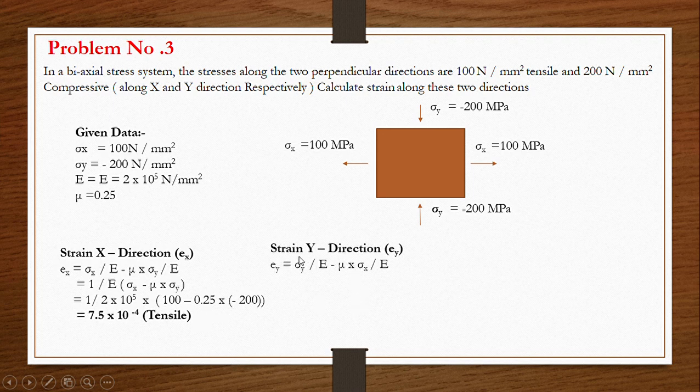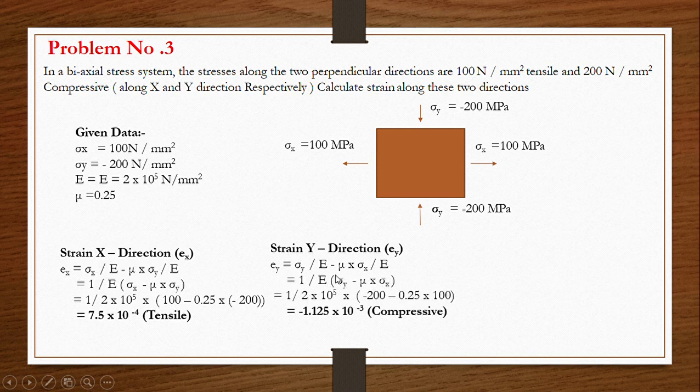Next is strain in y direction. Same way, E of y is equal to sigma y divided by E minus mu into sigma x divided by E. Again taking 1 by E as common, remaining in bracket sigma y minus mu into sigma x. Here we are putting the value of sigma y equal to minus 200 and the value of sigma x equal to positive 100.